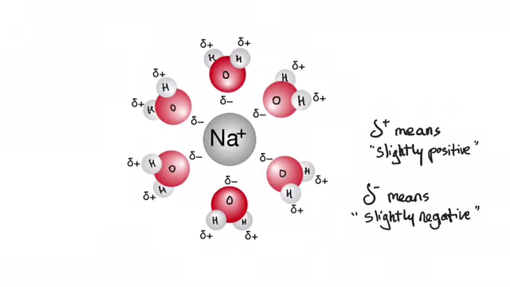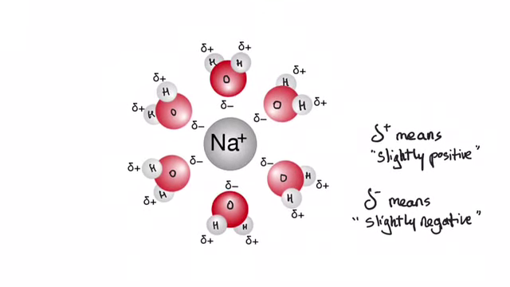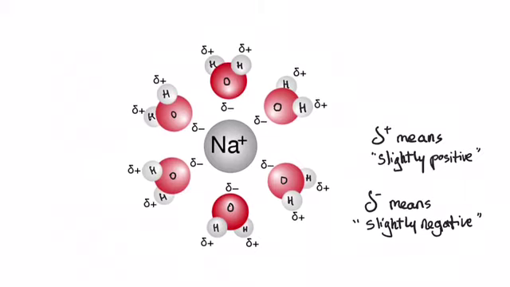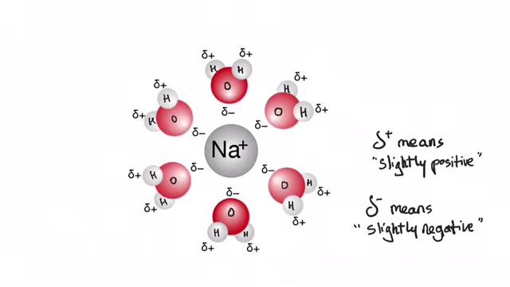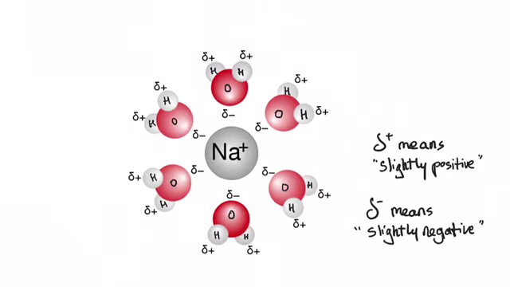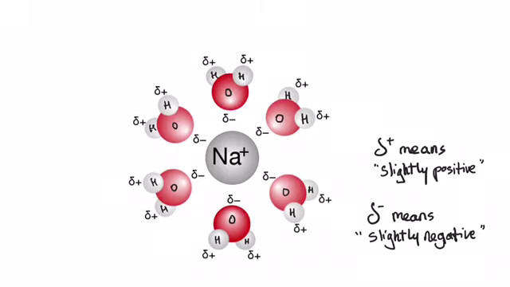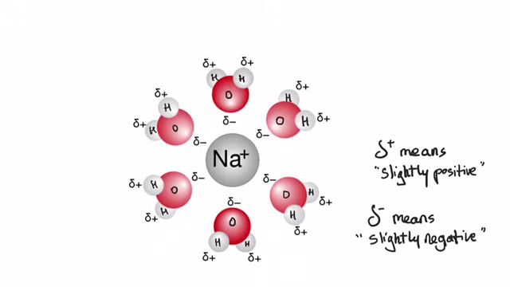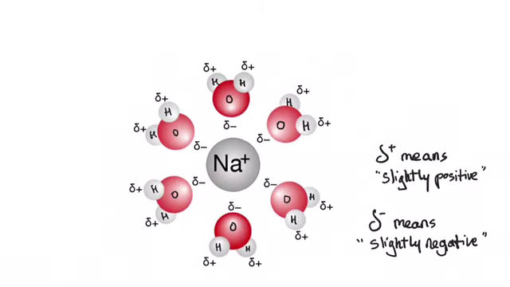The delta stands for slightly, so delta positive means slightly positive end and delta negative means a slightly negative end. It is the attraction between the polar ends of these water molecules and the ion that makes an aqueous solution of ions.